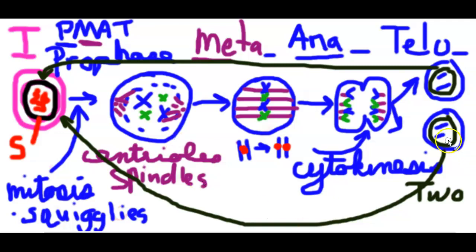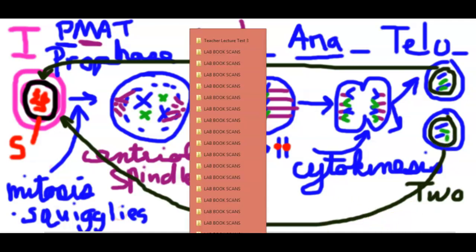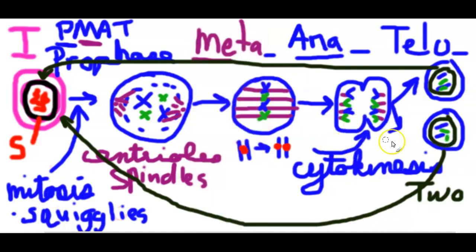So again, when they get to telophase, DNA unwinds, it's a cycle, it'll go back to interphase, G1, S, G2, and it'll go through the whole thing again. So we have two green ones here as well, two blues, two greens. Chromosome number never changes.